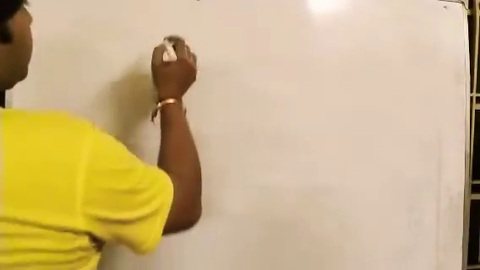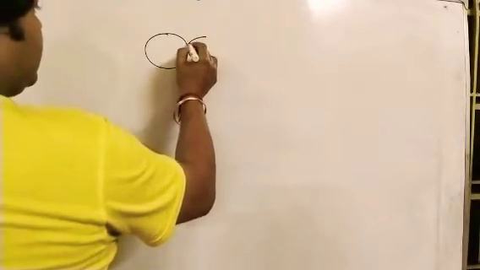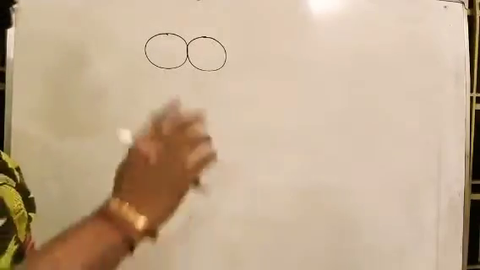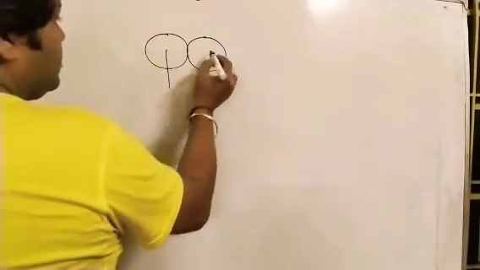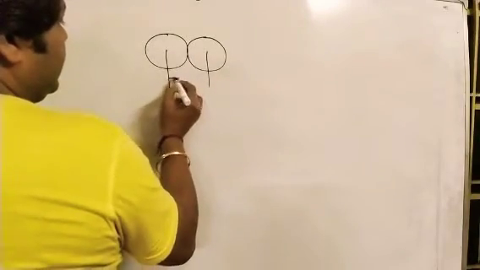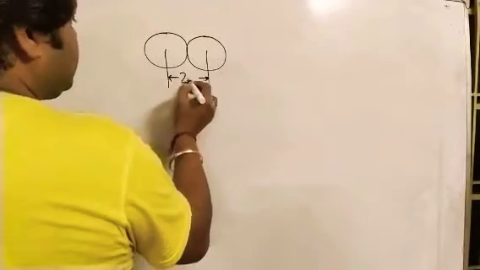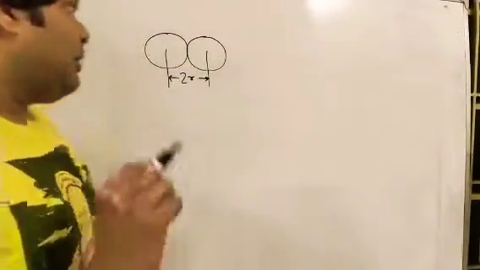Suppose this molecule is colliding with another molecule. What is the requirement so that they both collide? The basic thing is that there should be a distance of 2r between these two molecules. Why 2r?